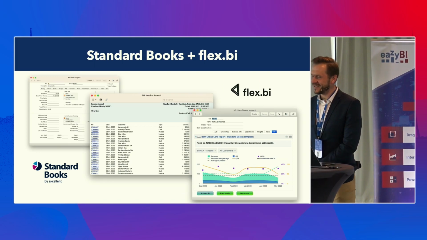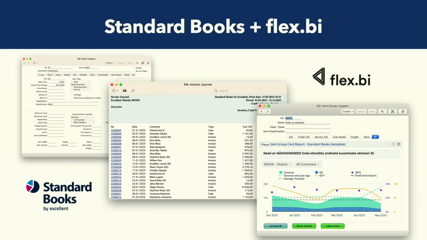So you can see, for example, a very boring item card describing the item details and some invoice journal report, which is used by accountants and other people to understand some operational data, what they have to do today, tomorrow, or something like that.